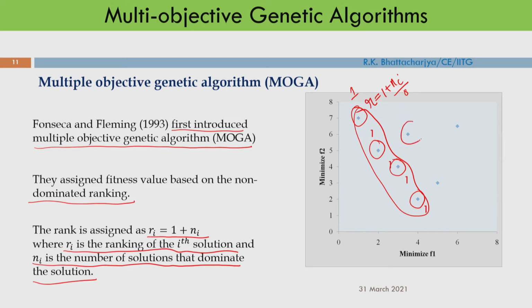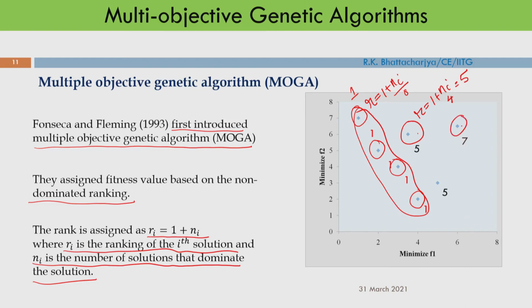Now, let us go to this particular solution. This is a dominated solution. Who is dominating? All these 4 solutions are dominating this particular solution based on the non-domination concept. Therefore, the rank of this particular solution is 1 plus Ni. Ni in this case is 4. Therefore, the rank should be equal to 5. Now, let us go to this particular solution.